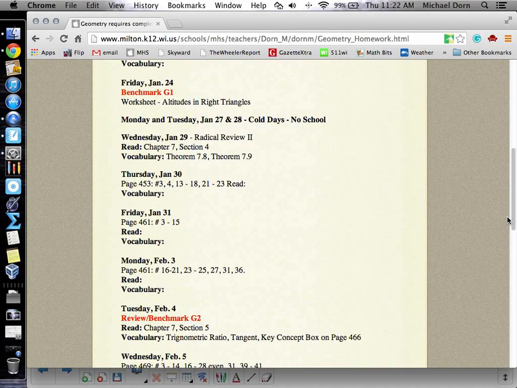But we're just going to keep bumping into everything here. We're going to keep doing the radical review. We're going to keep reviewing these topics because, again, starting in our next section, you're going to have to be solving equations like that, like x root 2 equals 8. Those will be equations you're going to have to solve.